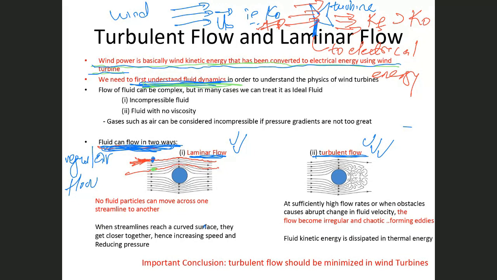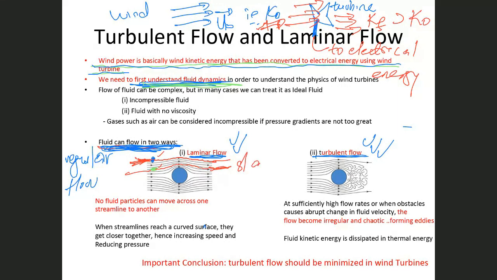However, the most important property of laminar flow is that these two fluid particles do not move across different paths. Each path we call a streamline.